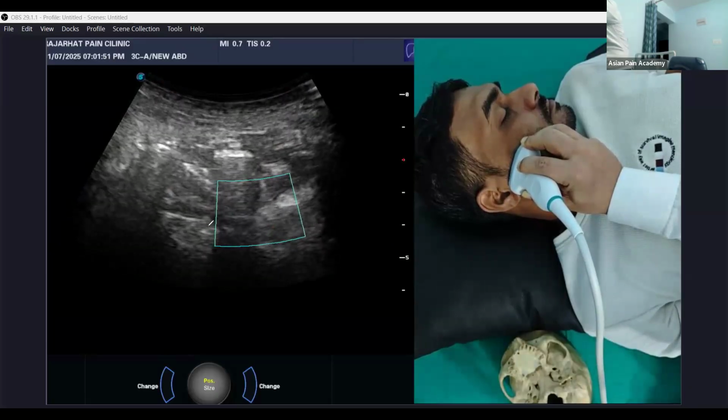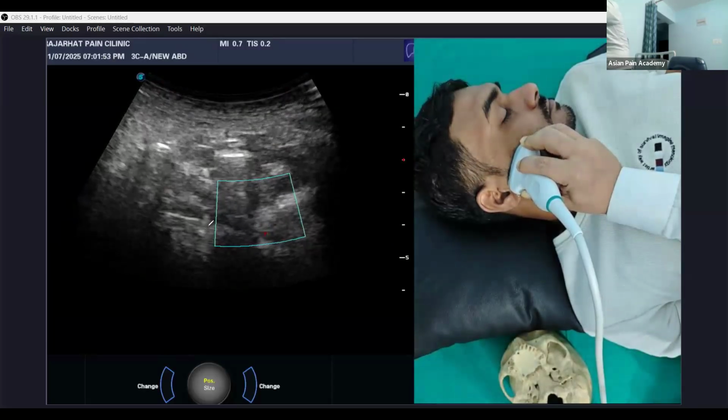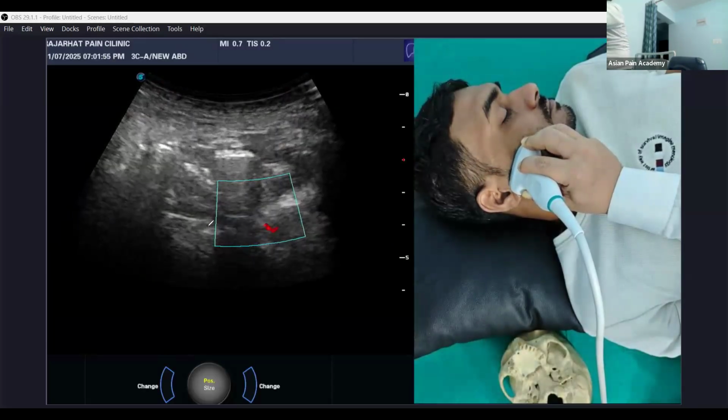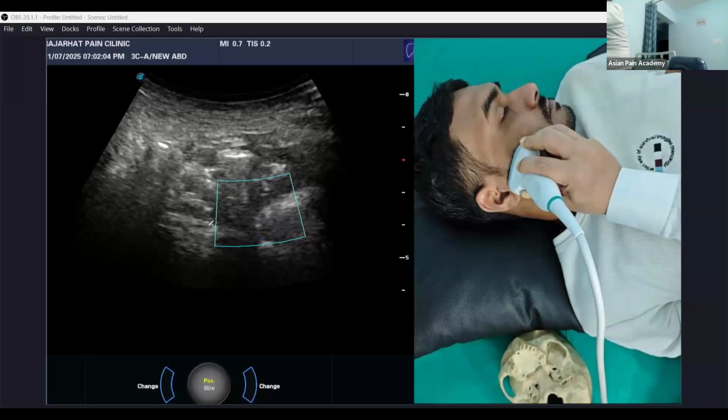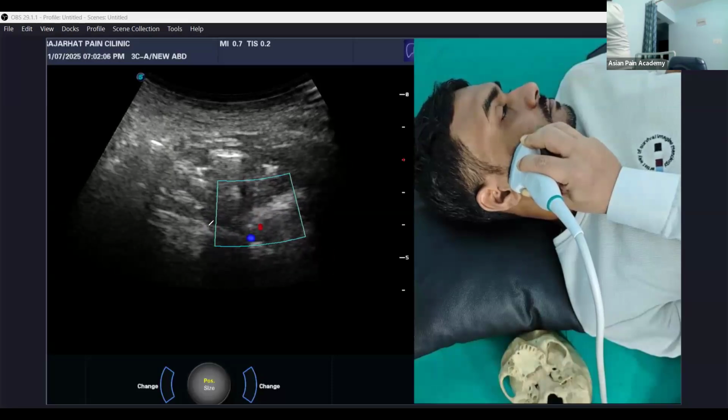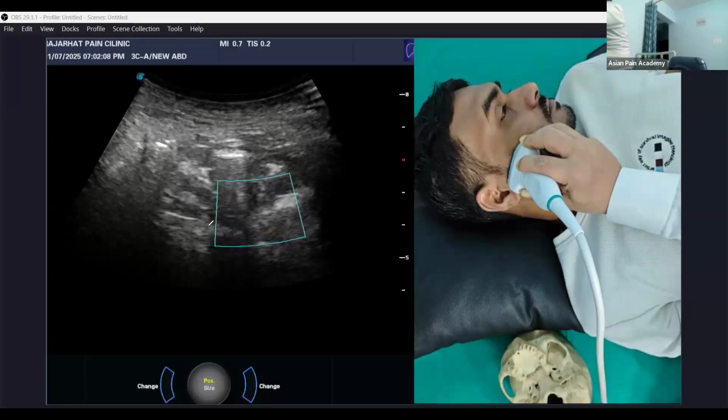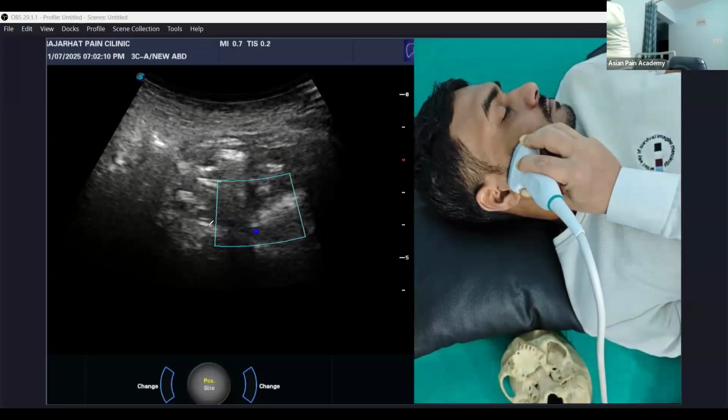So we can see that it is pulsating, but directly every time color will not take it, but we can see. So here you can see up to this much only. These are assisted procedures. Directly you will not be able to see the nerves.